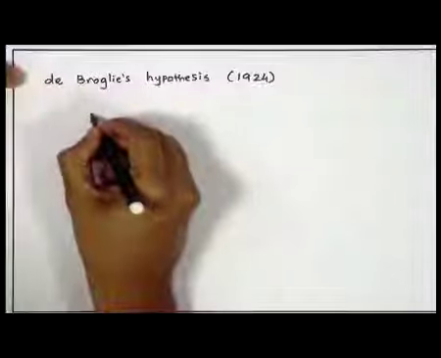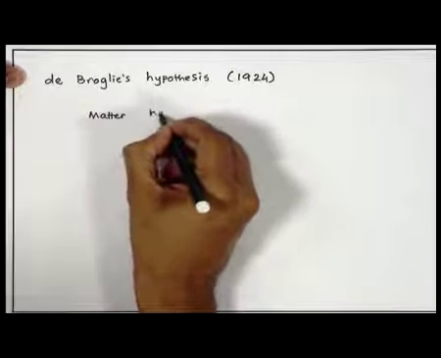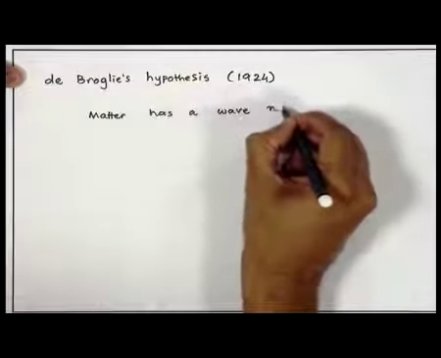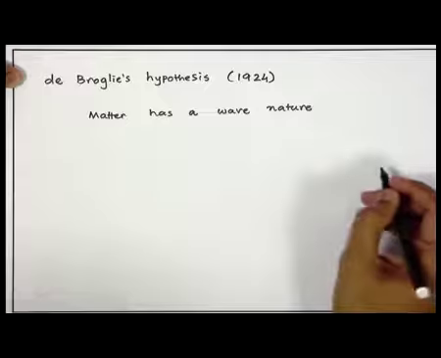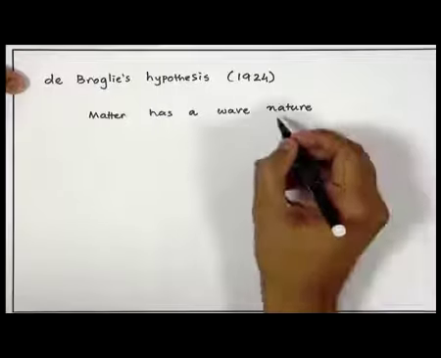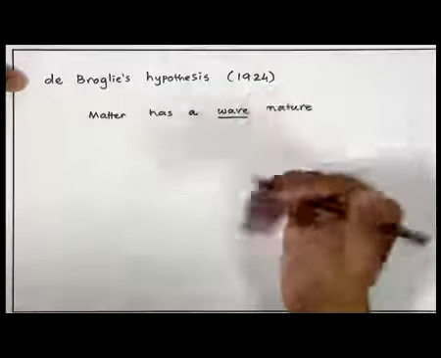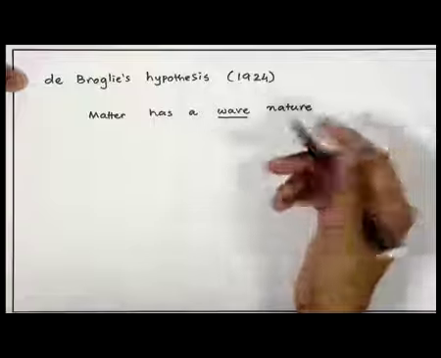But de Broglie suggested that matter has a wave nature, or in other words, particle has a wave nature. All right. If it has a wave nature, then a wave is usually characterized by its wavelength or frequency. Then what is its wavelength?